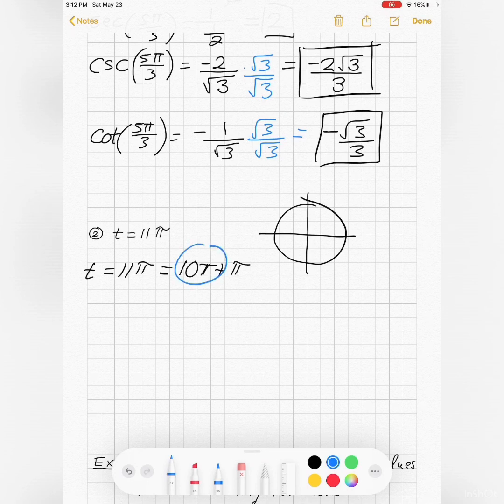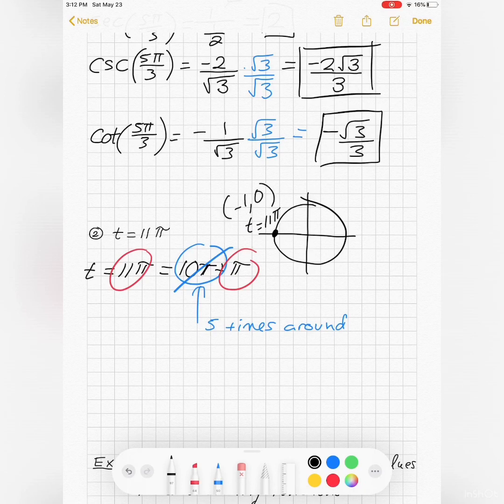This 10 pi is 5 times around the circle. That does not affect my terminal point, right? So I know 11 pi is coterminal with pi. In fact, if you've noticed, all the odd multiples of pi land over here. So the terminal point is (-1, 0).